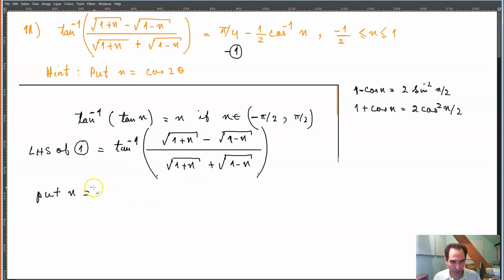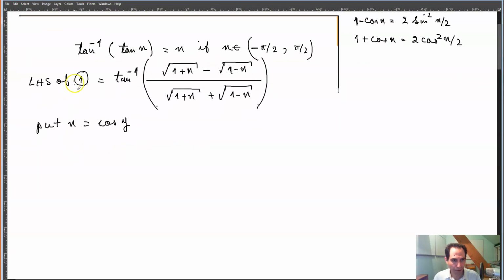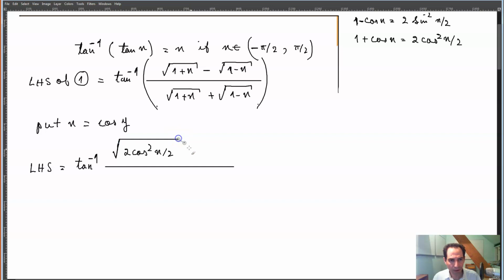I can put x is equal to cos of y, and therefore the LHS will be equal to the tan inverse of the square root of, now 1 plus x would be 1 plus cos y. 1 plus cos y is 2 cos squared y divided by 2. And then we have minus the square root of 1 minus cos y.